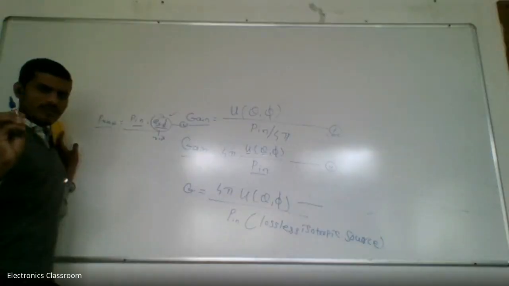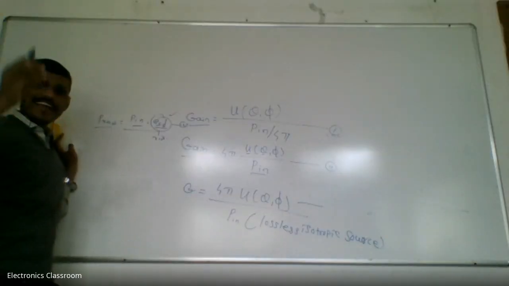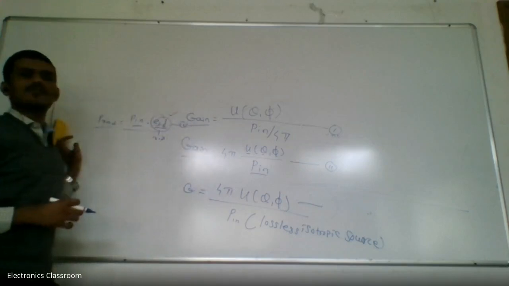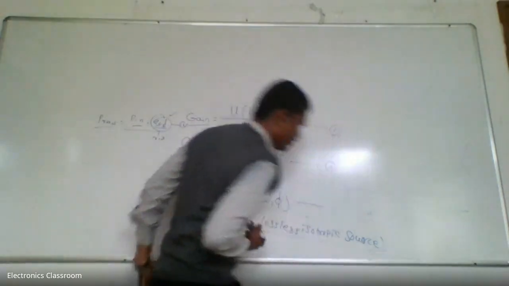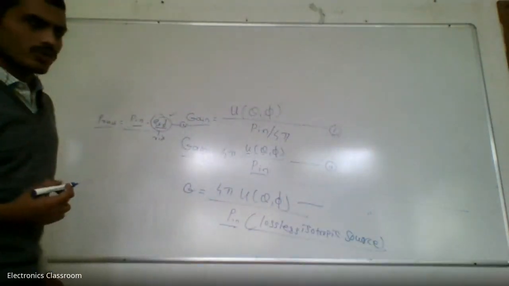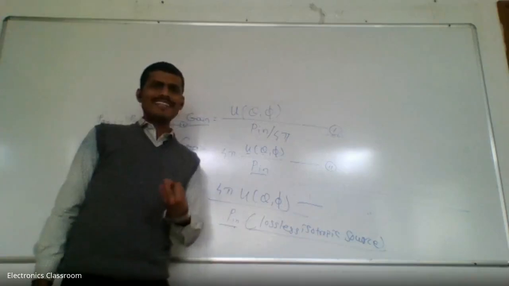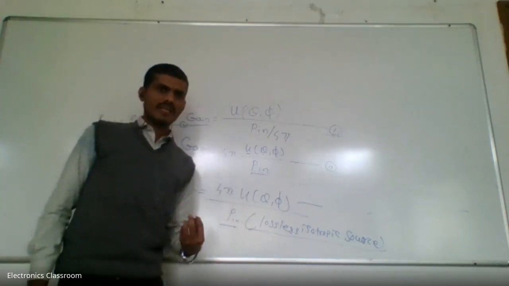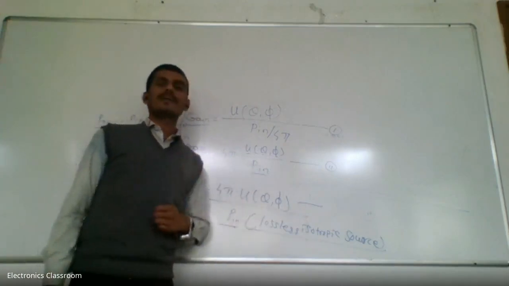Prashant, P in is not the lossless isotropic source. P in is the input power of that lossless isotropic source. P in is not equal to the lossless isotropic source. The lossless isotropic source is the medium, the antenna, the referred antenna, and that power is taken for that lossless isotropic source.